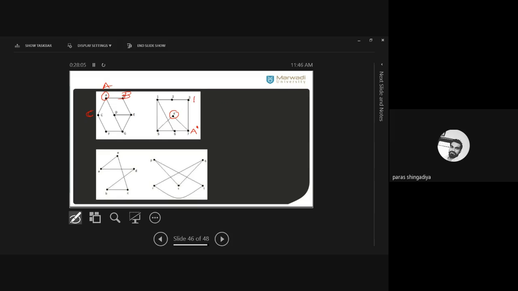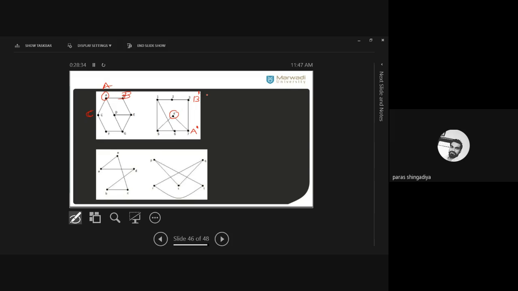Can you put B dash here? That is not correct. Why is it not correct? What is the adjacency of B now? B here is adjacent with one vertex only, and its degree is 3. If I put B here, then B is adjacent with this vertex, and it has degree 2 only. Clear?